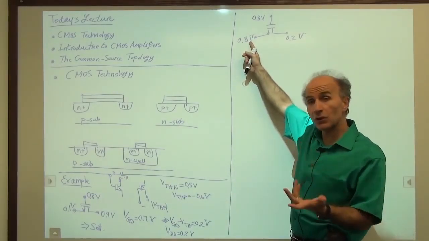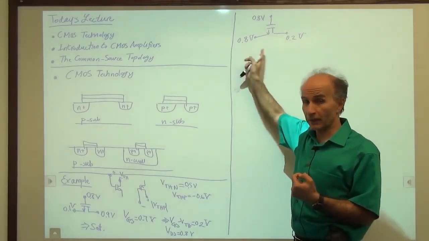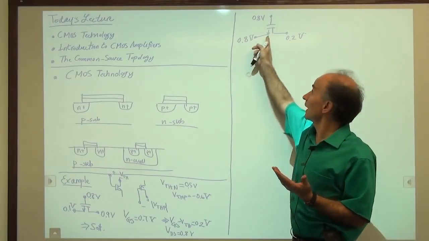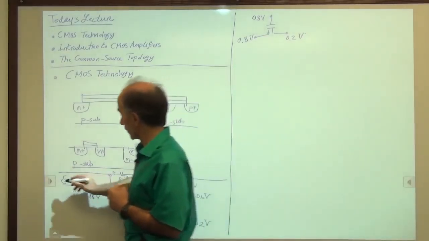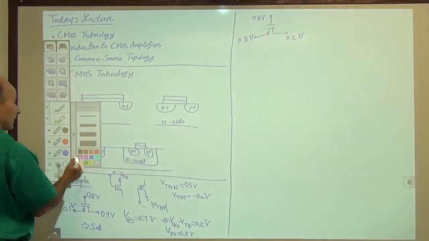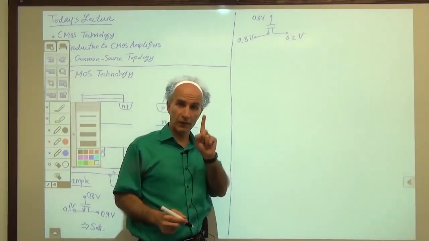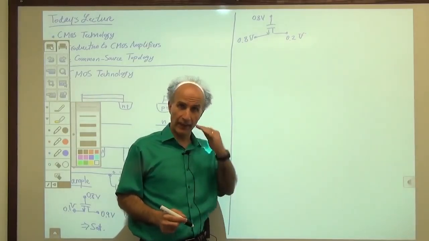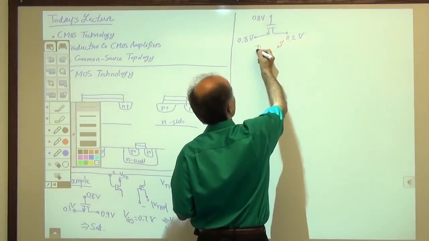So we have to say this would be the source and this would be the drain, not the other way around. Not because there's an arrow on it. Okay, so that's a tricky point. All right, so we'll make sure that this is highlighted properly. Between source and drain, the terminal that has the lower potential has to be the source. So this is the source and this is the drain.